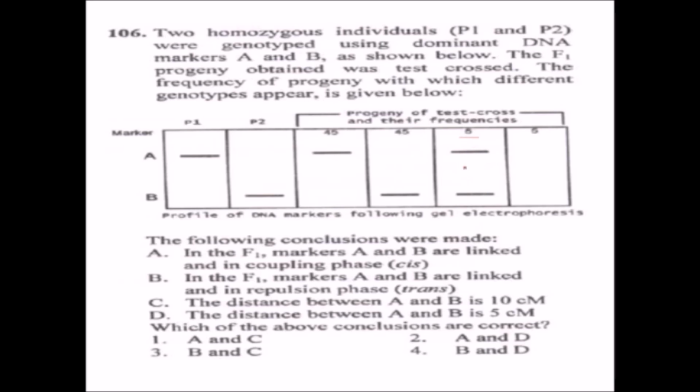Here the total is 10, as there are 5 progeny having the A marker and 5 progeny having the B marker, so combined it is 10, and the distance between them will be 10 centimorgan. So move to the question. The answer: in the F1, markers A and B are linked and in repulsion phase, or the trans phase, and the distance between A and B is 10 centimorgan. So the answer is B and C, which is number 3.